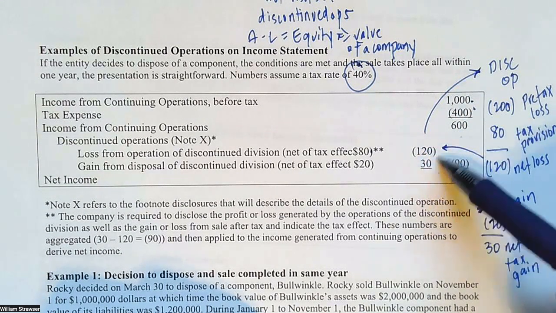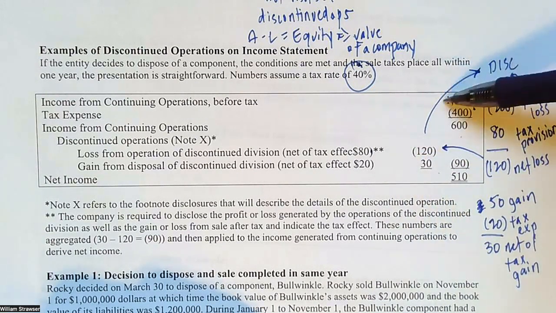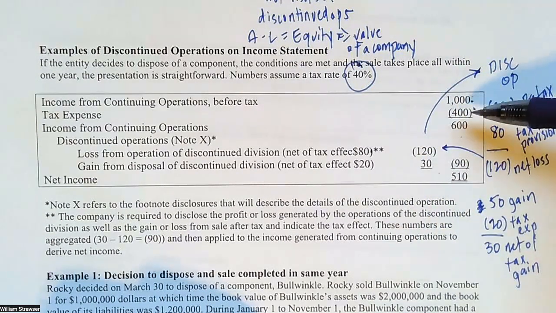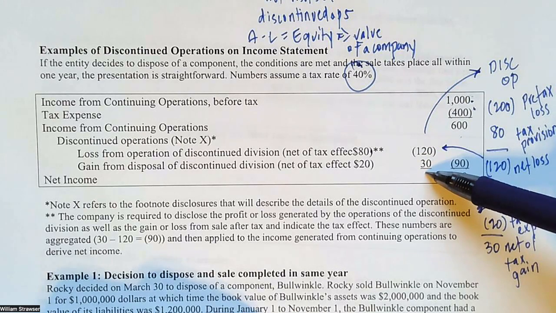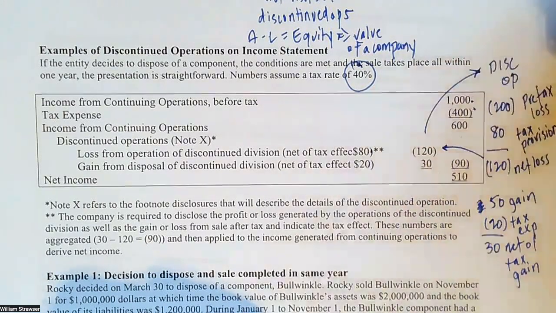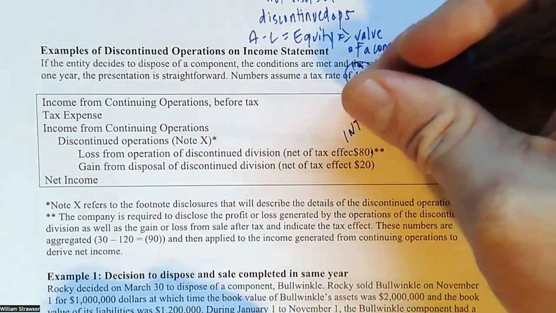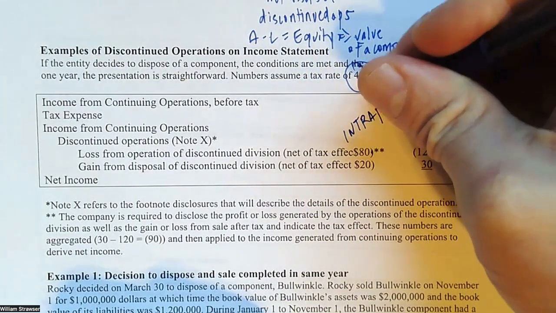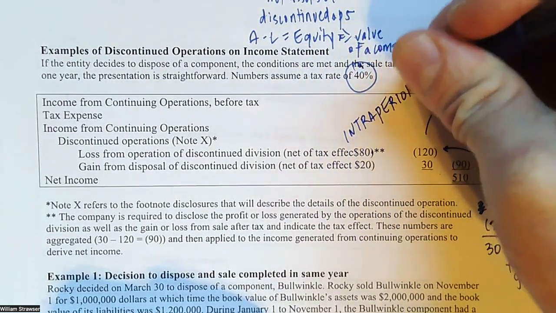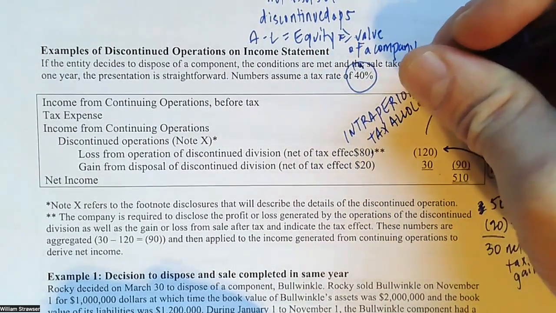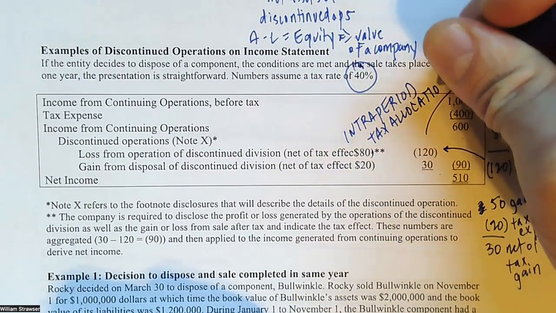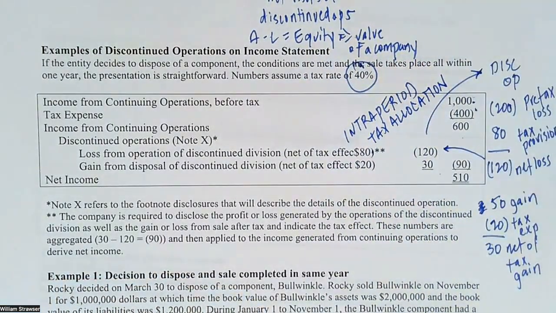They were not factored in up here, so they're not a part of this 1,000. Their tax is not within this $400 number. So they have to have taxes separately taken out. This is referred to as intra-period tax allocation, which is how we distribute taxes within a year of the company.